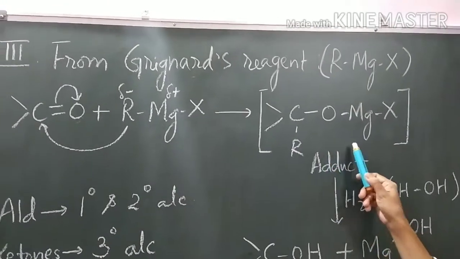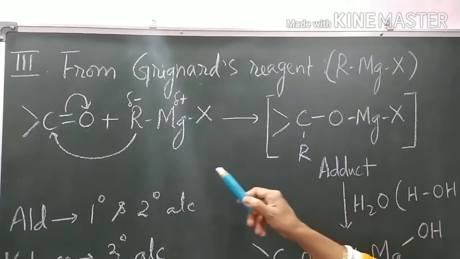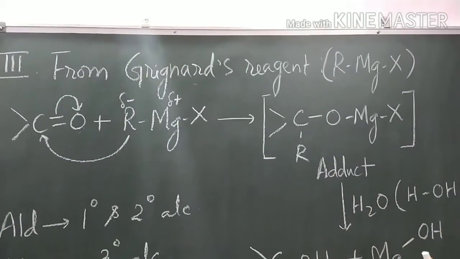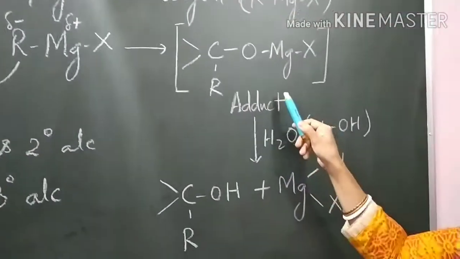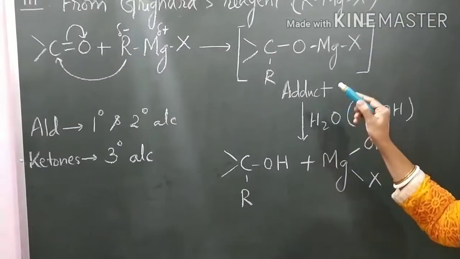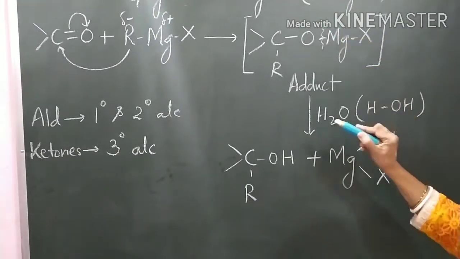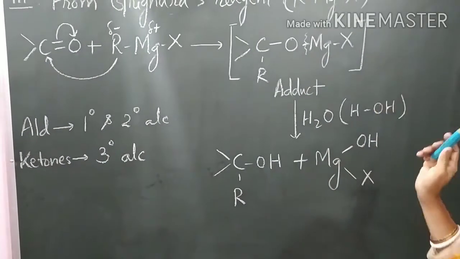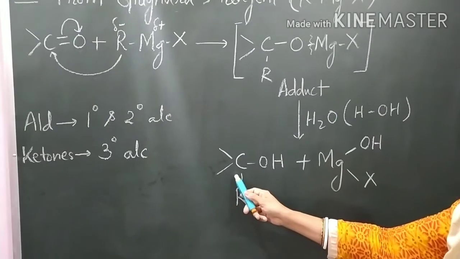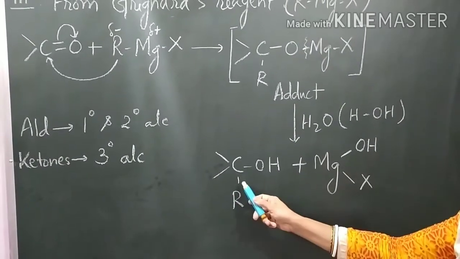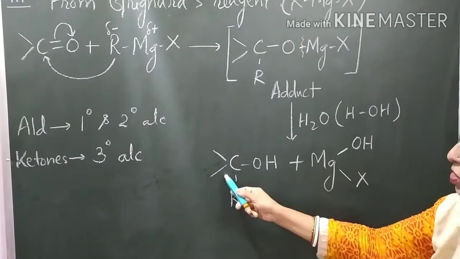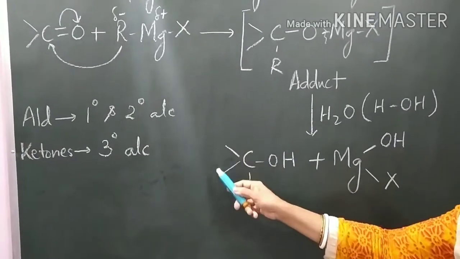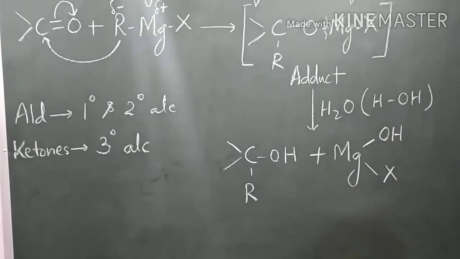See here, this is called the adduct. The R group is binding to the carbon and there will be OMgX. When water is added to this adduct, there will be breakage from here. The hydrogen will bind to the oxygen and OH will combine with Mg. We get an alcohol. This is a primary alcohol because these two hands can be hydrogen. If I take R and H, then it can be a secondary alcohol.